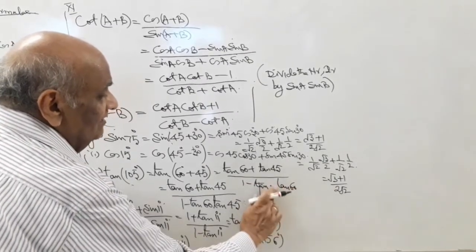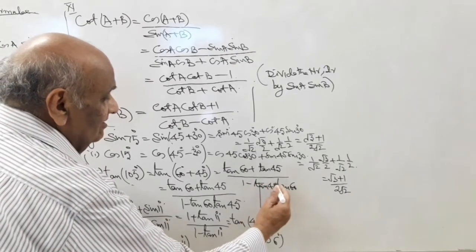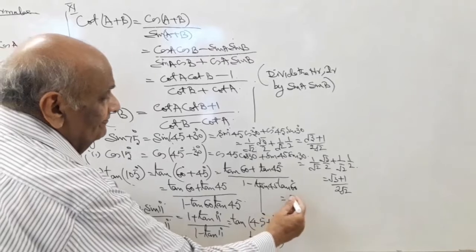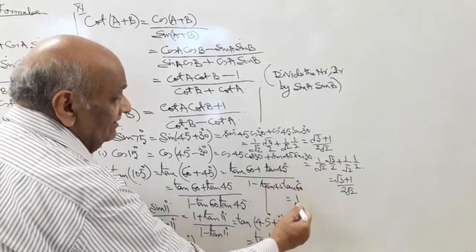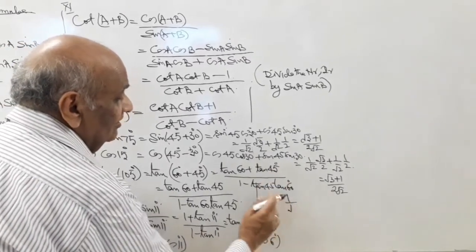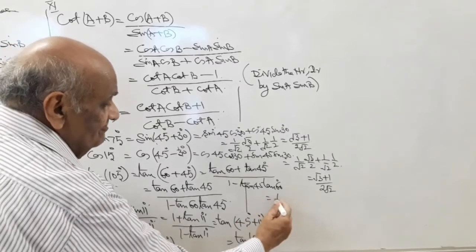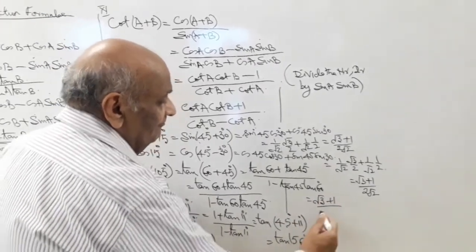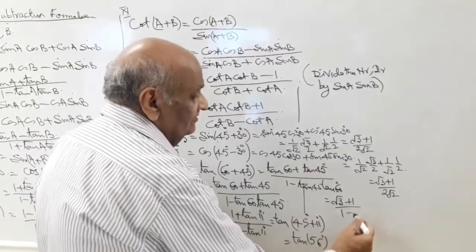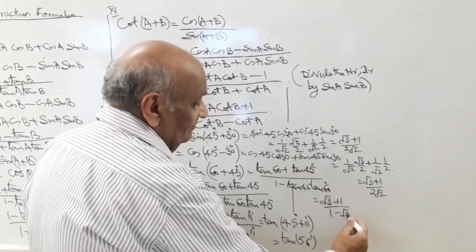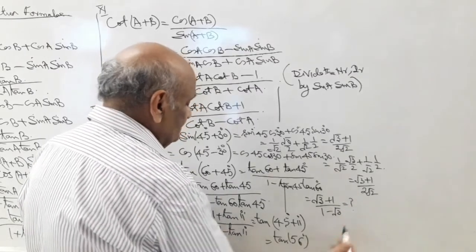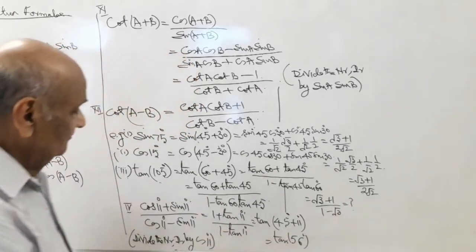Tan 45 is 1, tan 60 is under root of 3. So it is under root of 3 plus 1 over 1 minus under root of 3. Just rationalize it and simplify, and get the value.